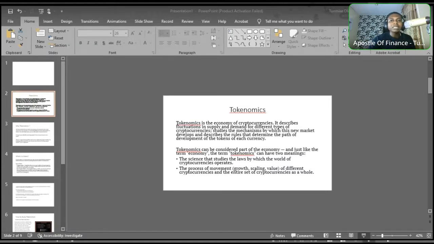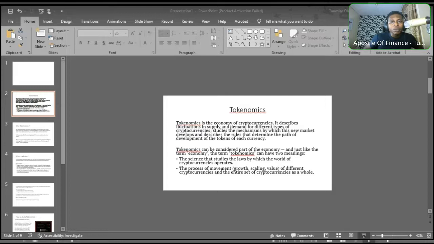Now, why is tokenomics important? Why are we considering it? Why is it a point of consideration? We live in an era whereby every day you hear about new projects. Tokens and coins were not so many like they are now 10 years ago, 5 years ago, or even 3 years ago.